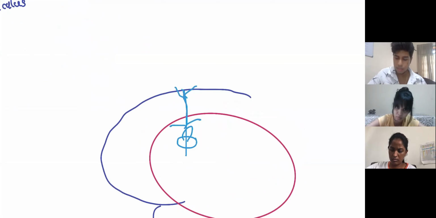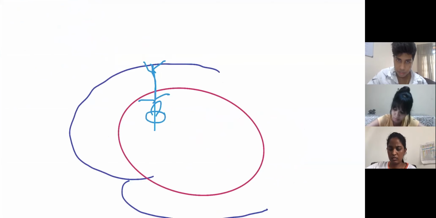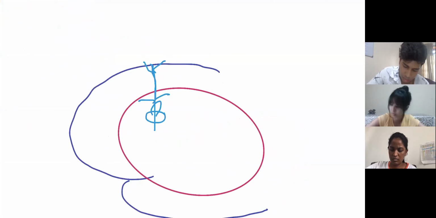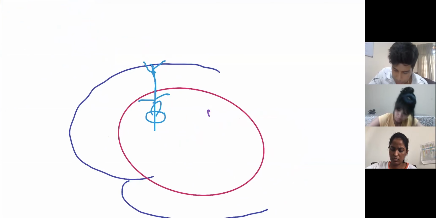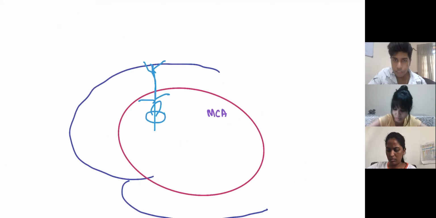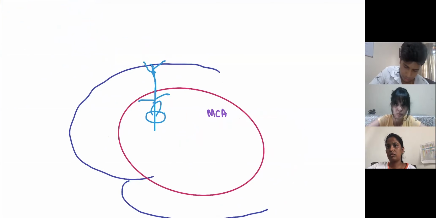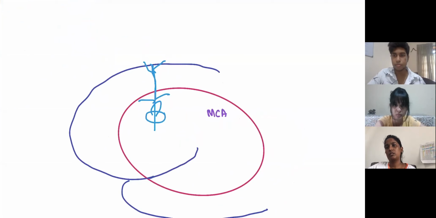Okay? Can someone tell me, if there is a stroke of the MCA, which areas of the body are going to be affected? The upper body.